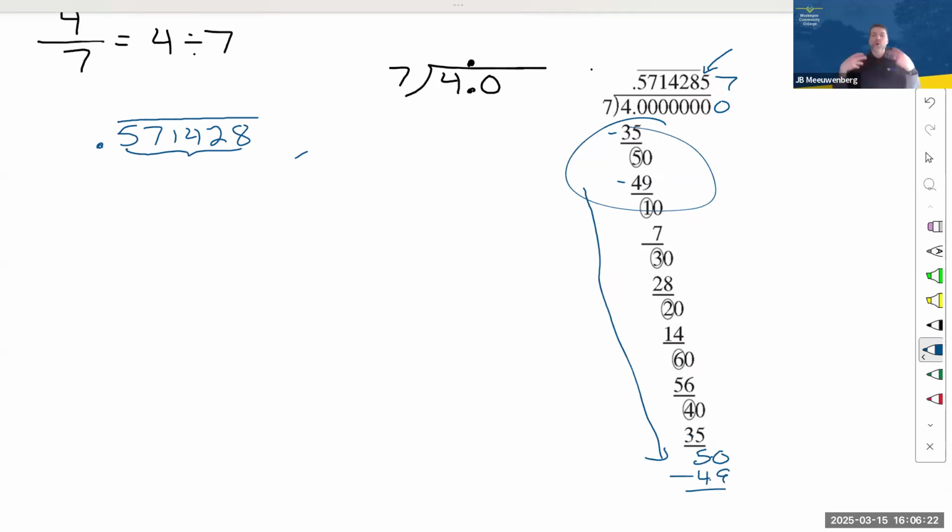And so if we go back to the idea of rational numbers, every rational number is going to be able to be represented by either a repeating decimal or a terminating decimal. It's going to be one or the other.